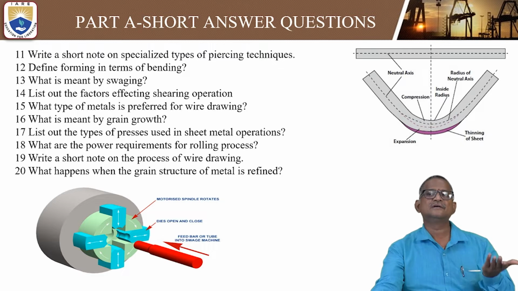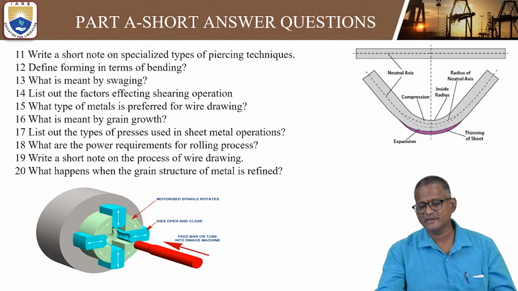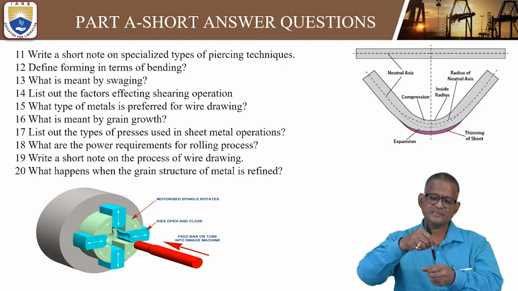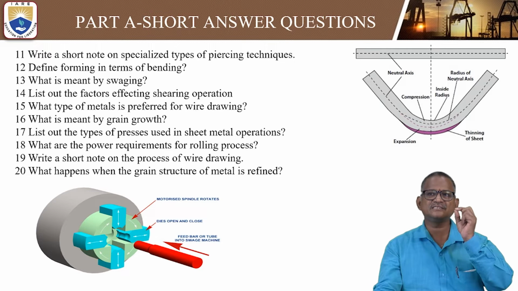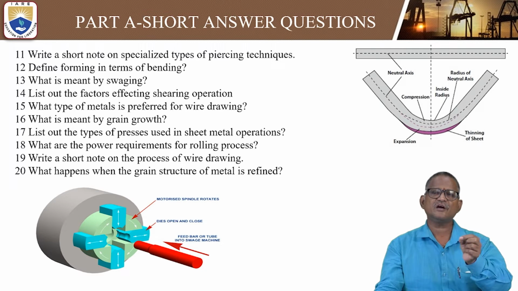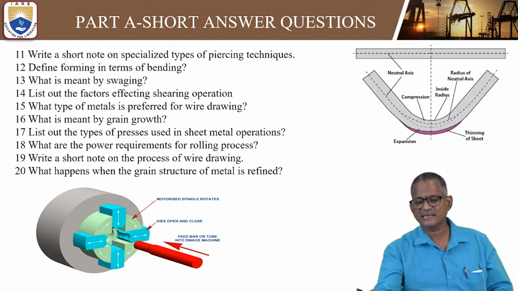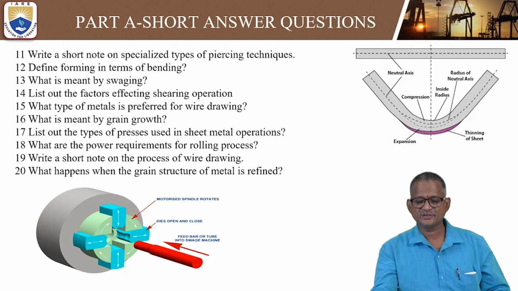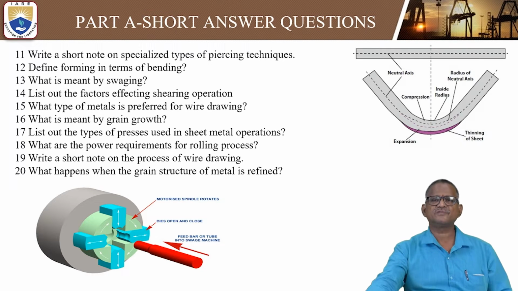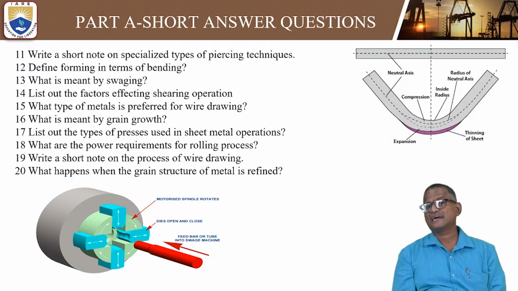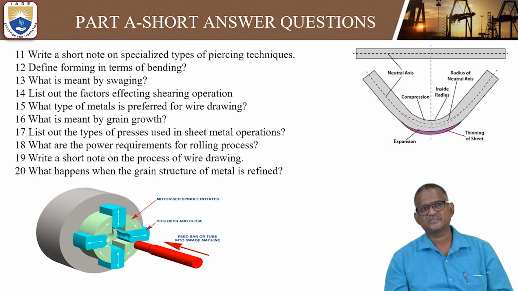The bending may be channel bending, L bending, or U bending, different types of bending. When you apply this, initially there is compression inside and expansion outside. The thinning of the sheet is applicable, and some clearance should be added. There will be a neutral axis, the radius of the neutral axis, the inside radius, and compression and expansion, which will be clearly mentioned in the diagram.